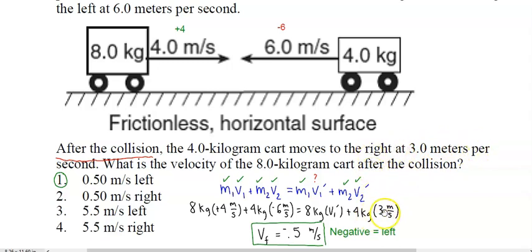That's a positive value. What is this v1 prime? So what does the 8 kilogram cart do? Well, we put all these numbers in the expression and we solve, and we get a final velocity of the 8 kilogram cart at negative 0.5 meters per second. Negative means moving to the left. It's that simple. Let's take a look at another one.